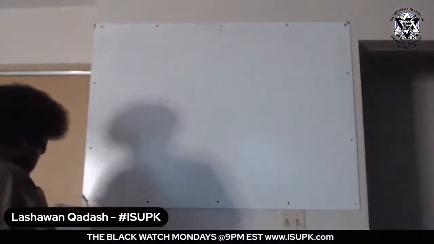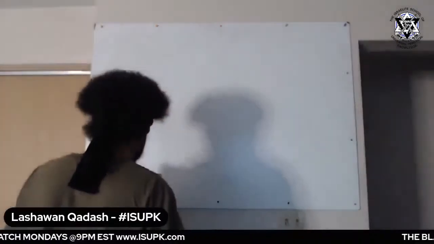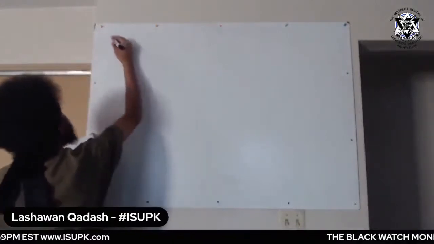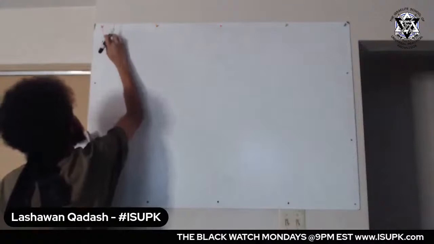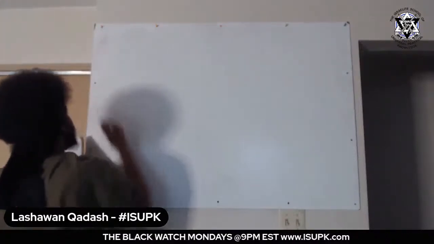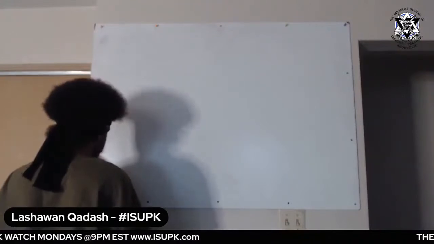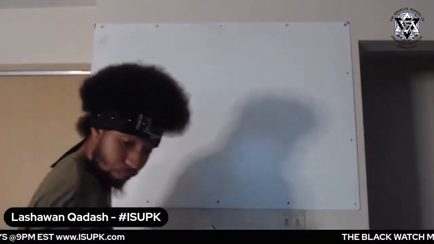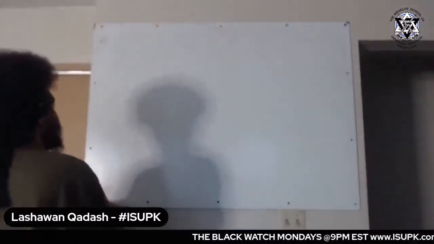Let me see something. All right. So this is what we're going off of. This is what we are going to be going off of, Jeremiah 5 and 12.